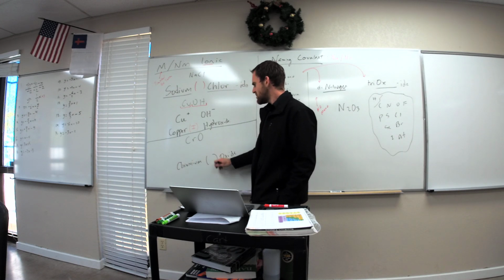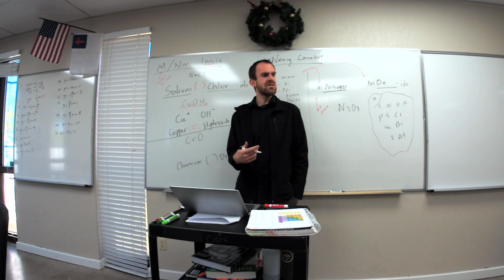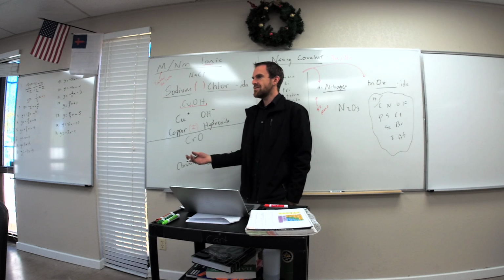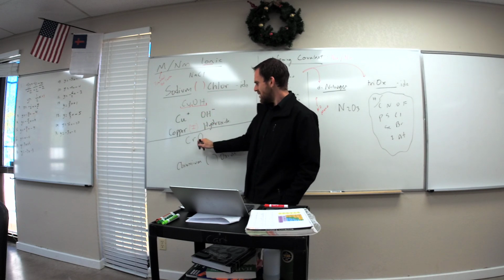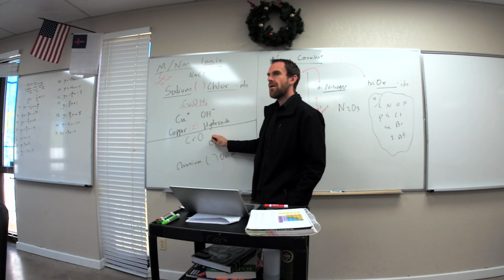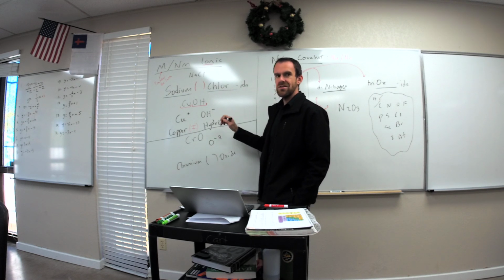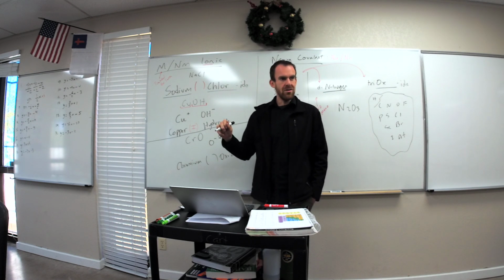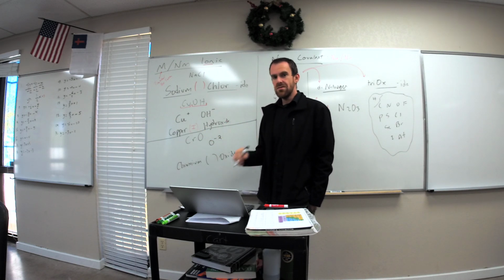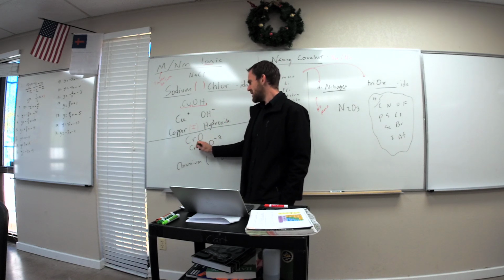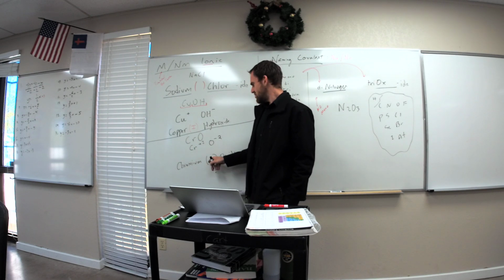What charge is the question? Break it apart into the ions. Oxygen has a -2 charge always because it's a non-metal. And oxygen always takes a -2. Chromium would then have to be a +2 to balance it out.